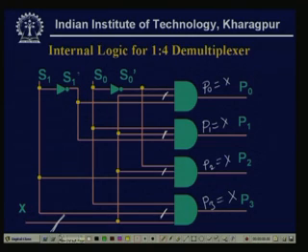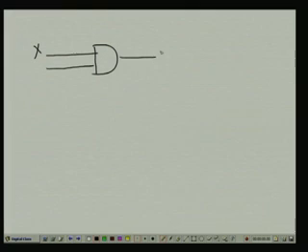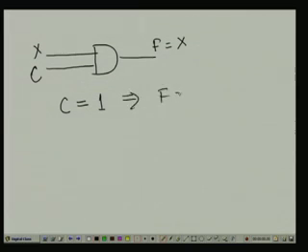Now, one small circuit we see, we take one small AND gate. See here I am giving x, and here I want my f should be x. When will I be getting that? Say this is my control input C. When that C equal to 1, that time I will be getting f equal to x.